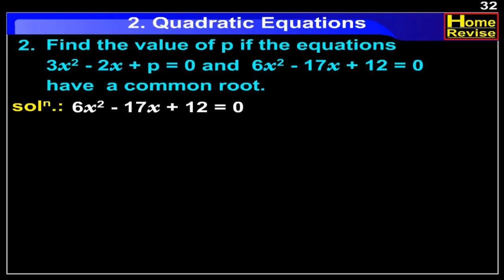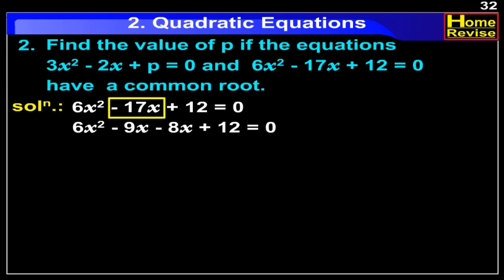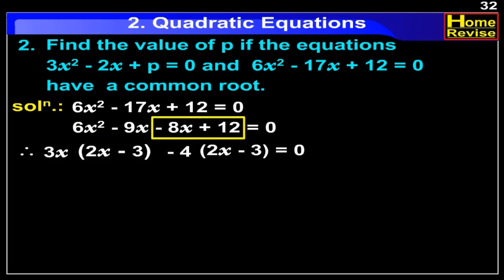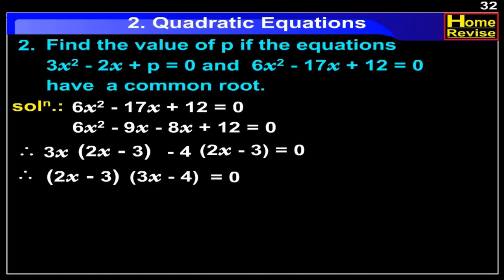Factorizing by splitting the middle term, we get 6x square minus 9x minus 8x plus 12 is equal to 0. Therefore, taking out 3x common from the first two terms, we have 3x into (2x minus 3). And taking out minus 4 common from the next two terms, we have minus 4 into (2x minus 3) is equal to 0. Therefore, (2x minus 3) into (3x minus 4) is equal to 0.